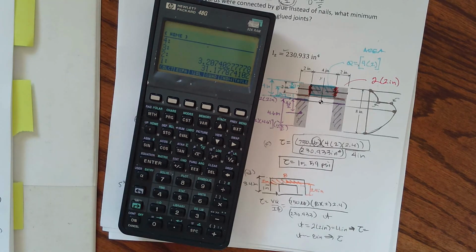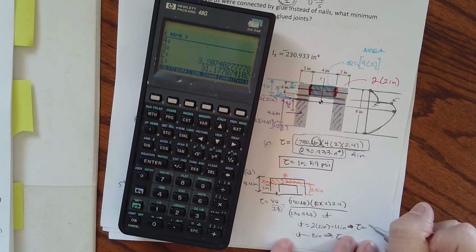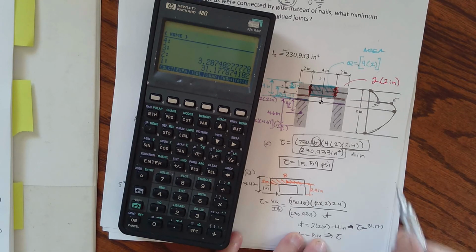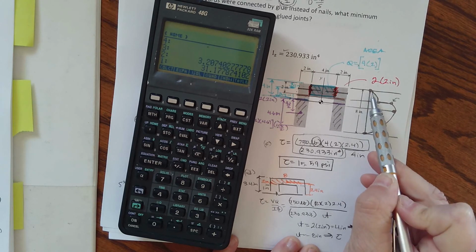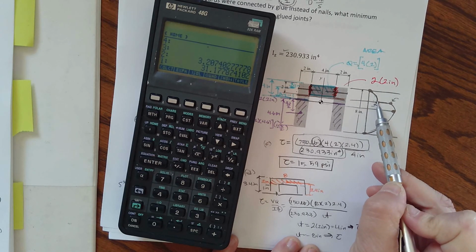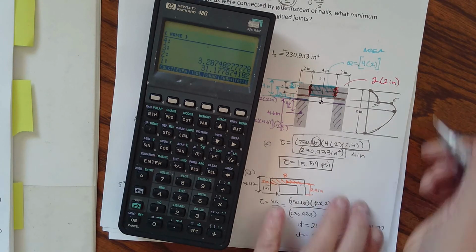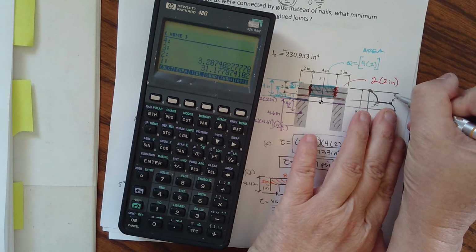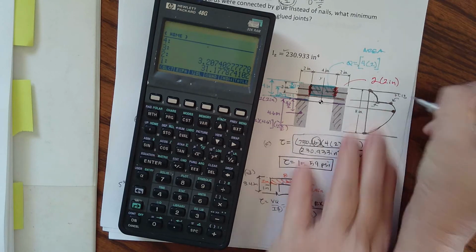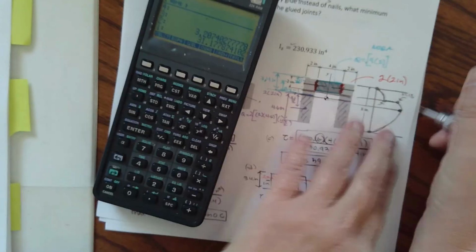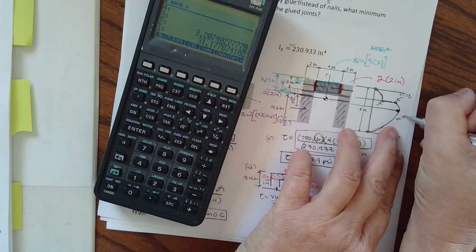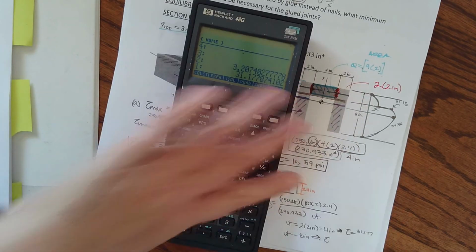And I get 31.177. That's where we're going from the much thicker 8 inches. We're going 8 inches, 8 inches, and now we're at a thickness of 4 inches. So that's going to be 31.18, and remember, we already said the maximum was 34.36. Now let's do 8 inches.